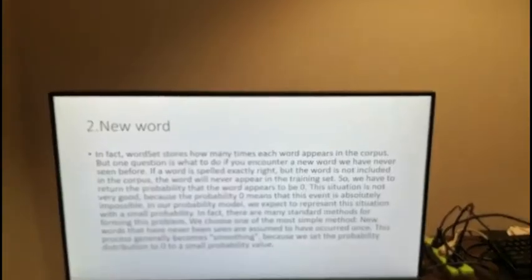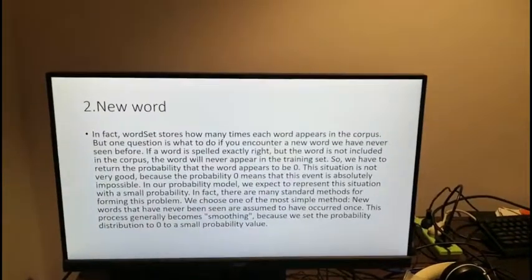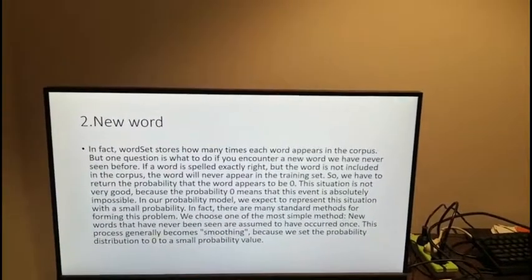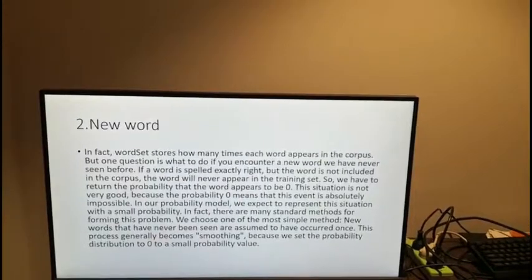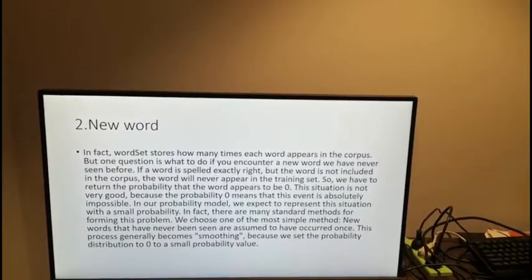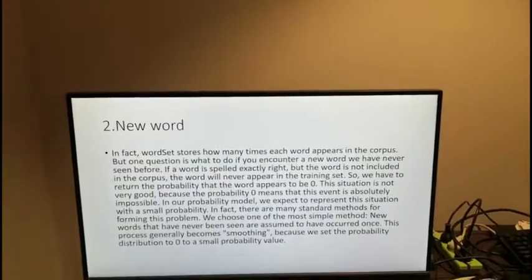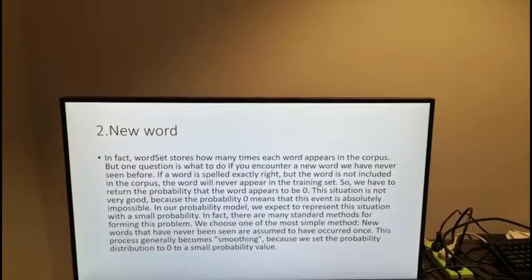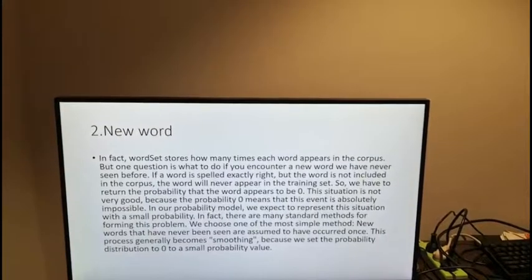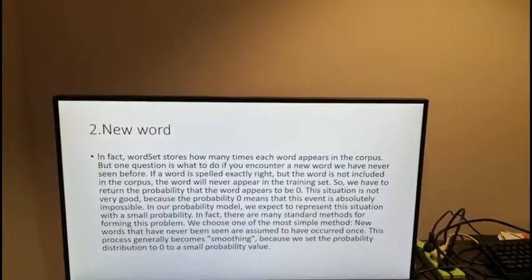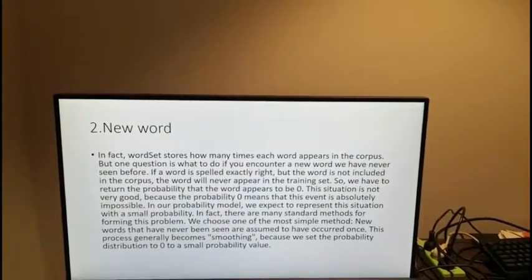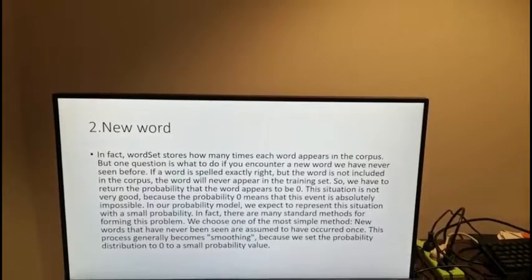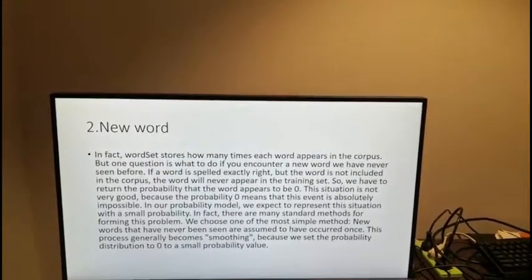The second question is how to deal with the correction of uncommon words. In fact, a word set stores the number of times each word appears in the corpus. But one problem is what to do if you encounter a new word that we have never seen before. If a word is spelled correctly, but the word is not included in the corpus, the word will never appear in the training set.